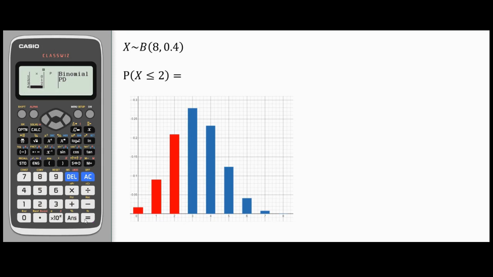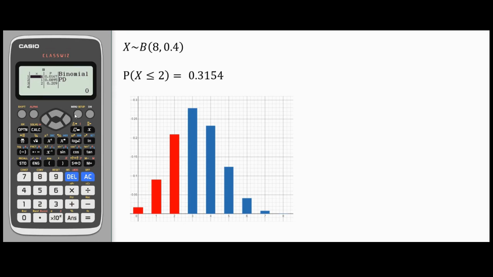Then once you enter all the x values, press the equal sign again. N is 8, P 0.4. This is already entered there because I used it before. Equal sign, and I get 3 probabilities. Once you add those 3 probabilities, you will get 0.3154. Now, this might not be very convenient when the number of bars is very large.